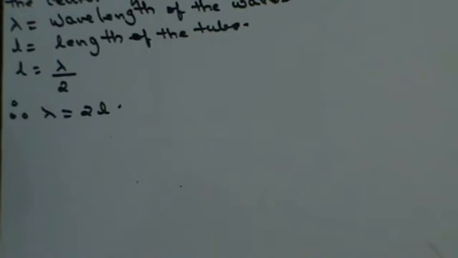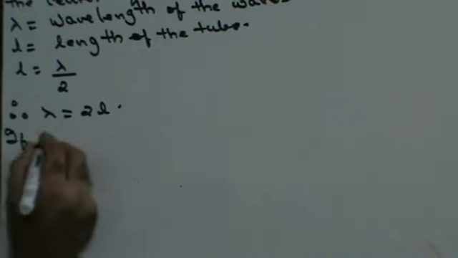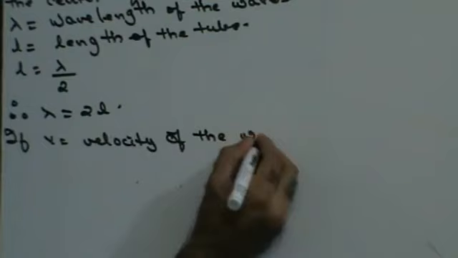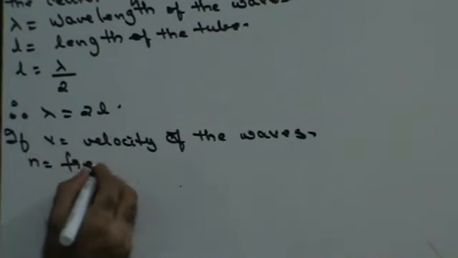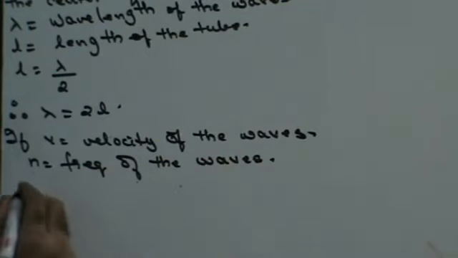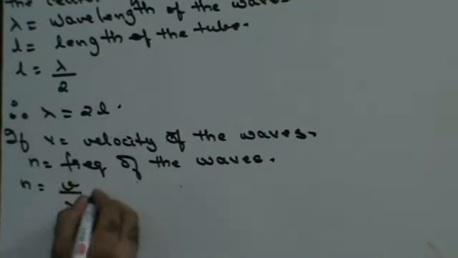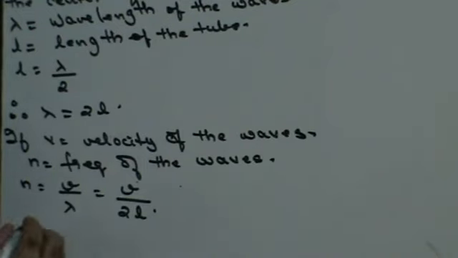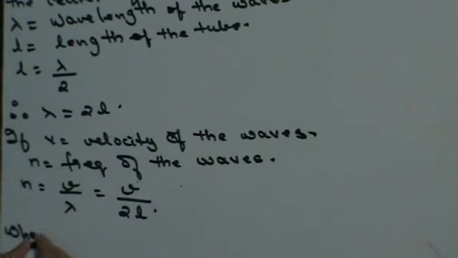Now let's assume that v is the velocity of the waves and n is the frequency of the waves. Then frequency is velocity upon wavelength, and wavelength is nothing but 2L. So n = v/2L. This frequency is called the fundamental frequency or the first harmonic.